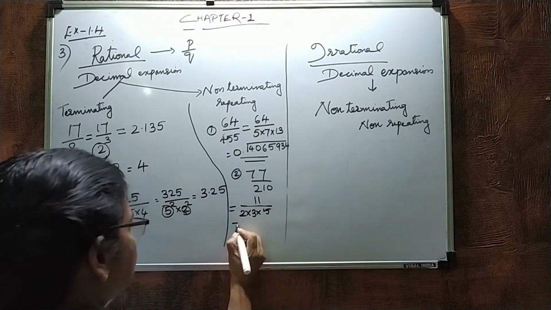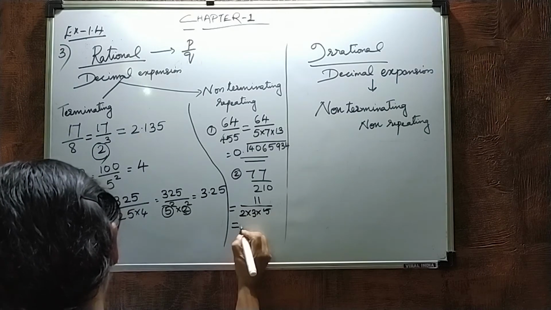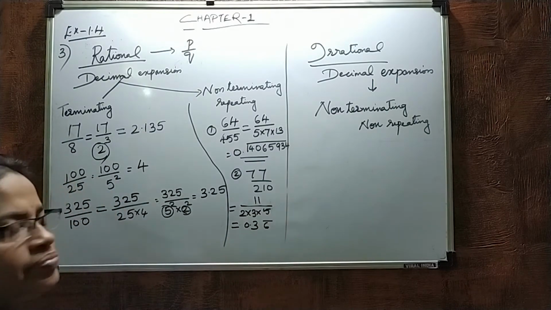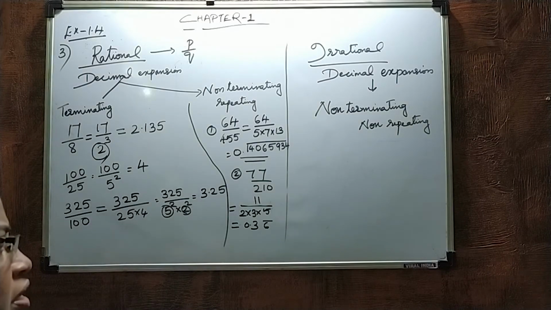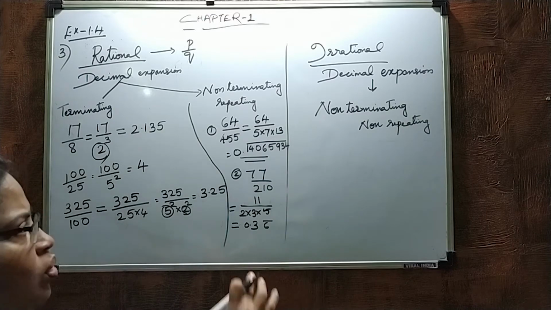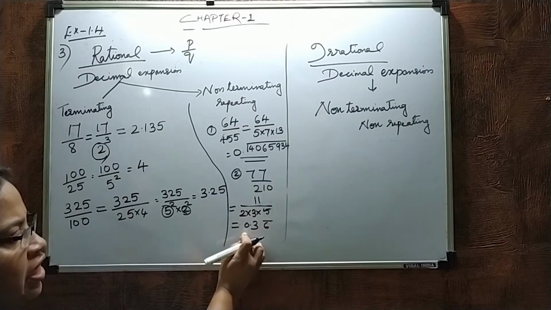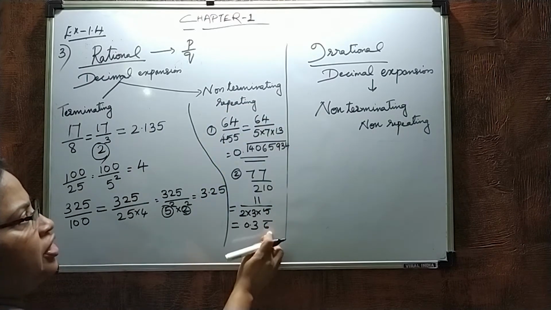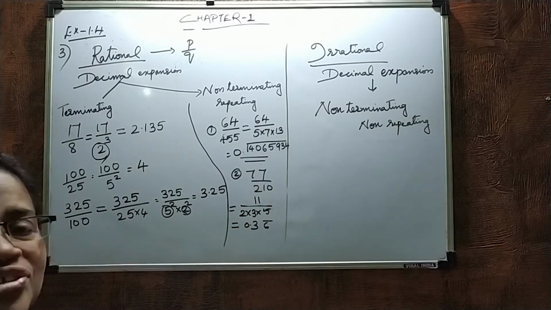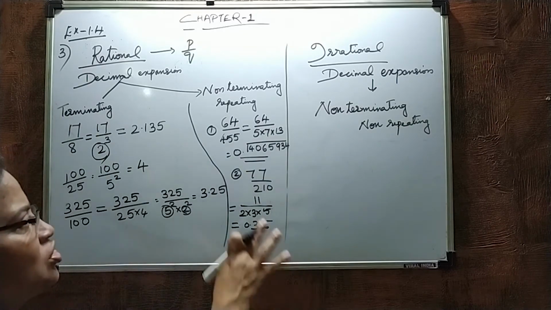And the answer we will get is 0.36 bar, means 0.36666, etc. Again also just remember, here it is non-terminating repeating. Right? And what are the things you have to remember?